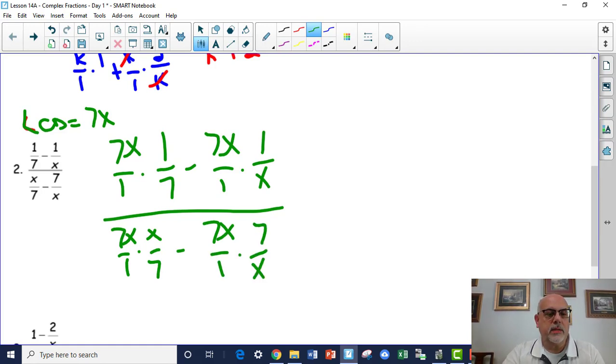So we've taken 7x over 1 and multiplied by each of the four terms.